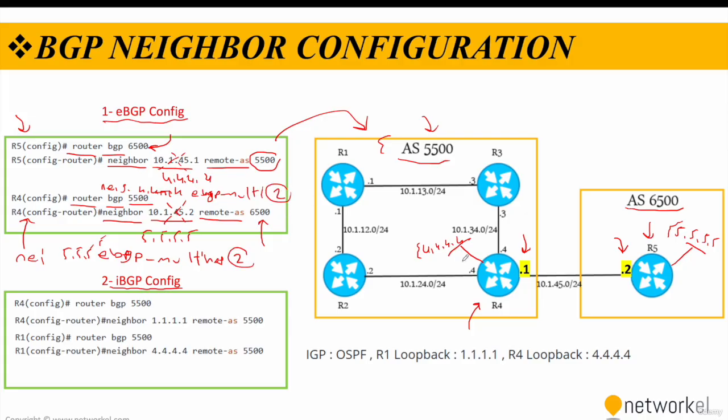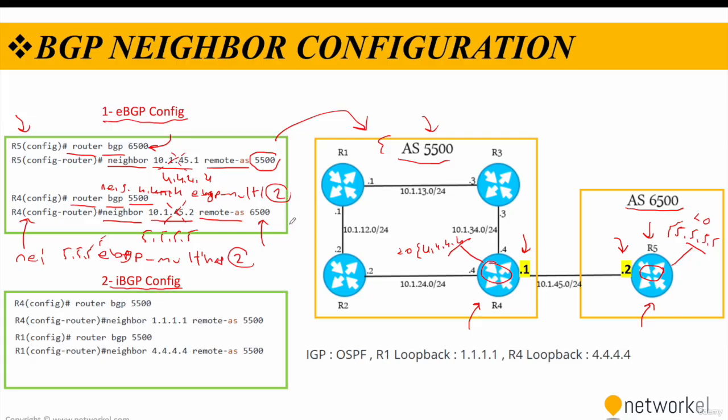So by the way, what does it mean? That means in router 4 I have my loopback interface, and from my loopback interface, if I need to reach the loopback interface of router 5, I need to pass 2 hops, which is this one and this one. So this loopback is 2 hops away from my side.